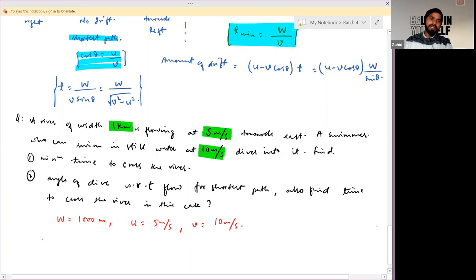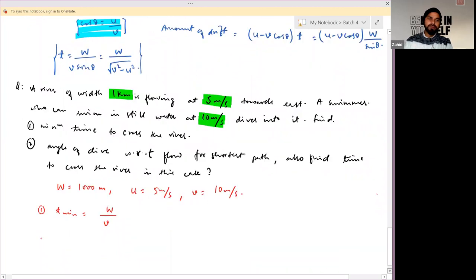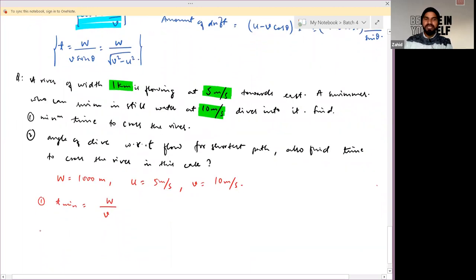For the first part, to get minimum time, the formula is W divided by V. For the second part, you have to first find the angle of dive for the shortest path, so cos theta will be u divided by v.